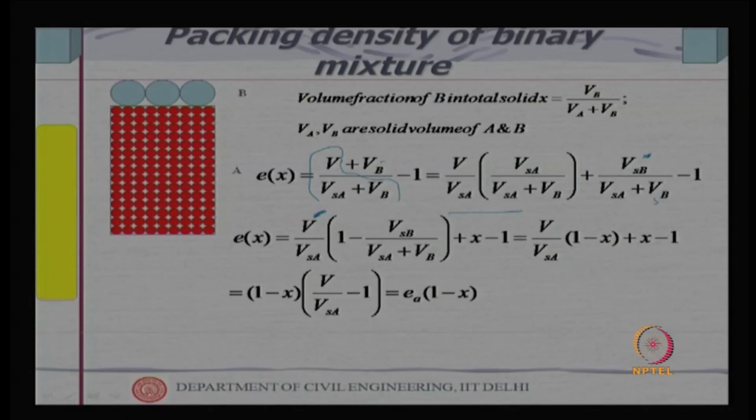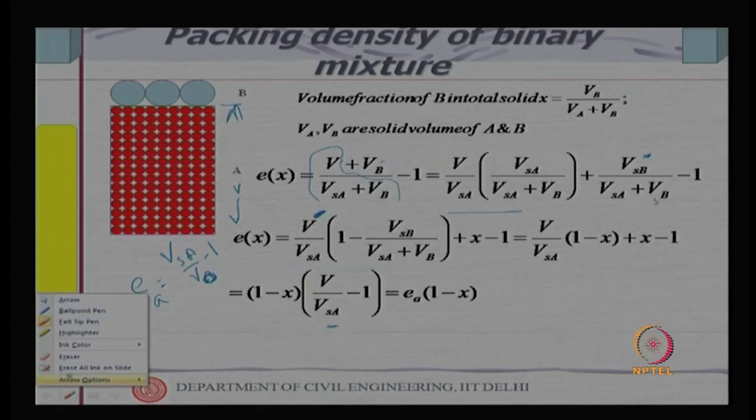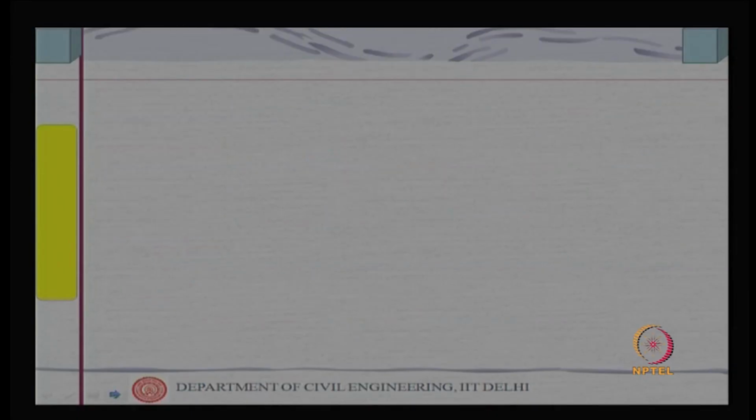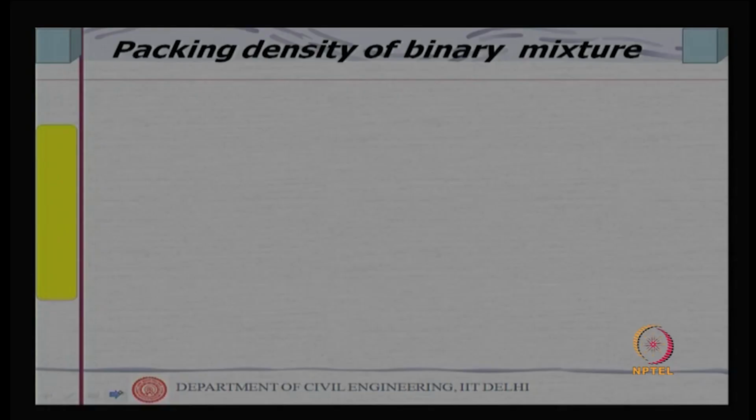In the same original volume V, the E A will be defined as V S A divided by V minus 1, if it was packed alone. That is nothing but E A. So, E A into 1 minus x.